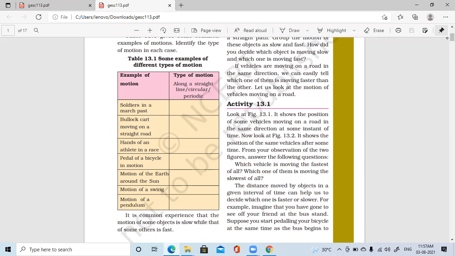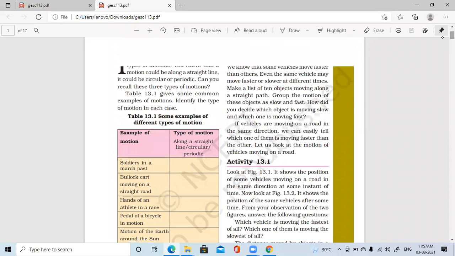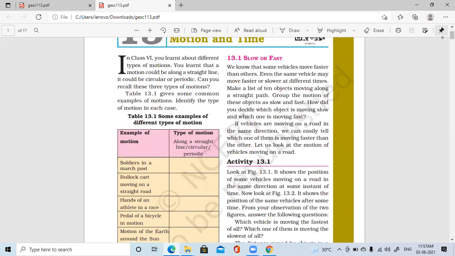Now we conclude that sometimes the object is moving faster, sometimes the object is moving slower. So how do we distinguish between these? You might have observed the number of vehicles moving on the road. Some are moving at very slow speed, some at very fast speed.